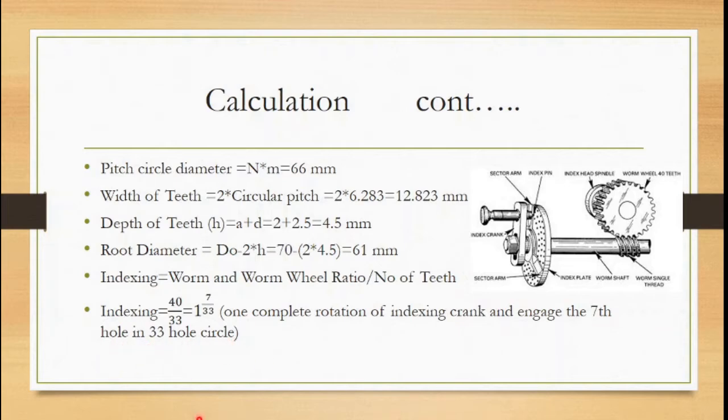hole circle. So the meaning of this value 1 7 by 33 is we have to rotate this index crank one complete revolution, and we have to engage the seventh hole on the 33 hole circle.